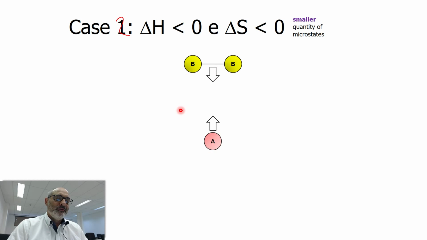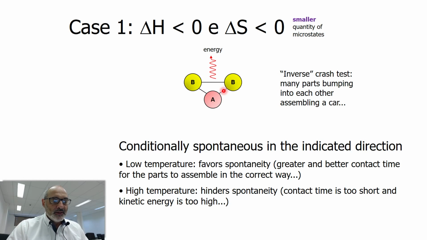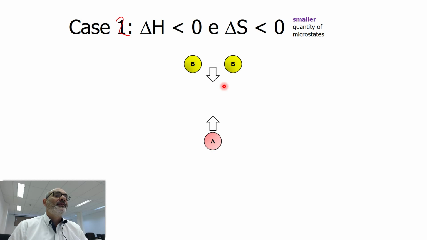So we have now two molecules, B, bumping into a molecule of A, and it's forming a single molecule, ABB, and releasing energy.